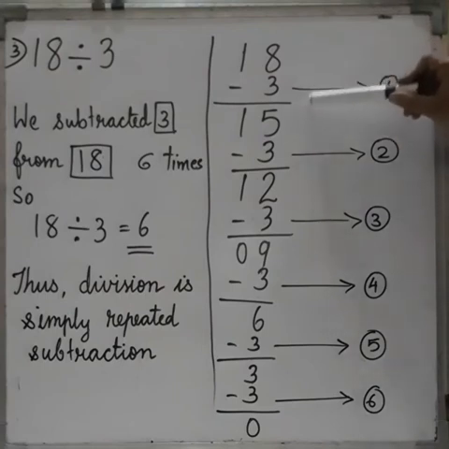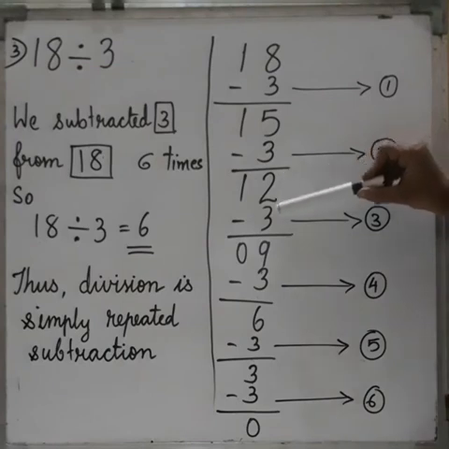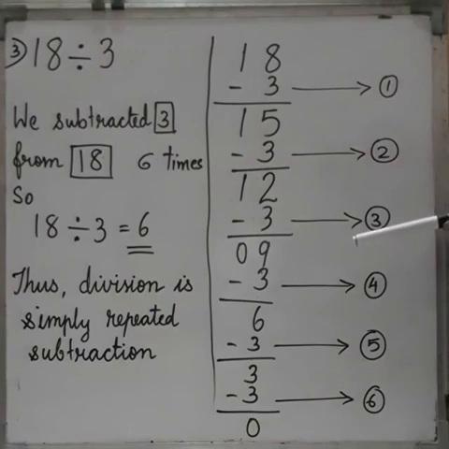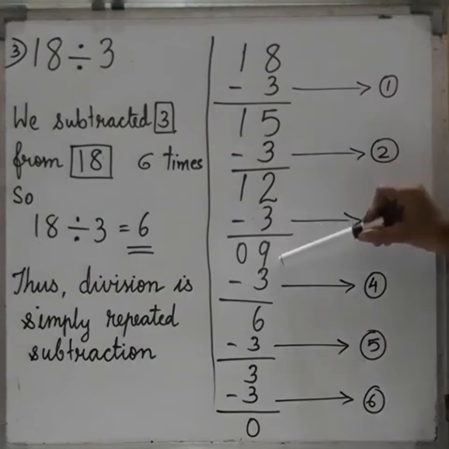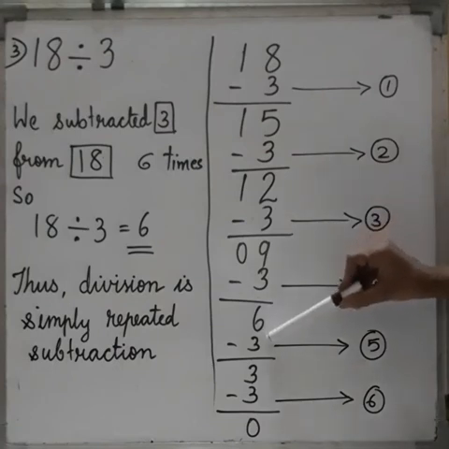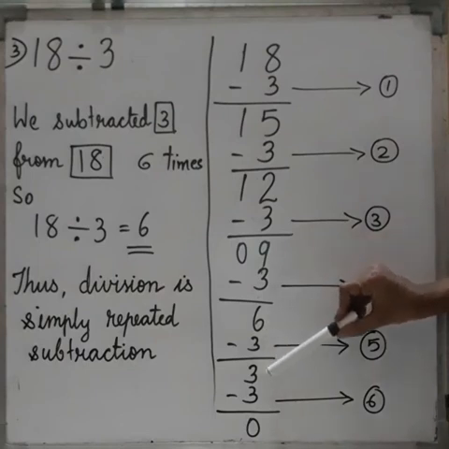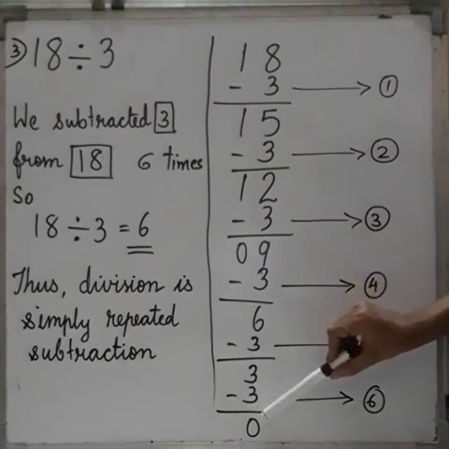We completed 2 times subtraction. 12 minus 3, we are getting 9. Here we completed the subtraction 3 times. Again we are going to subtract 3 from 9 and the answer is 6. 6 minus 3, we are getting 3. 3 minus 3, we are getting the answer here 0.